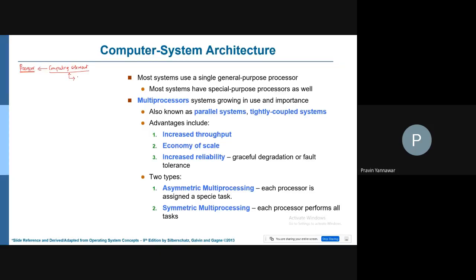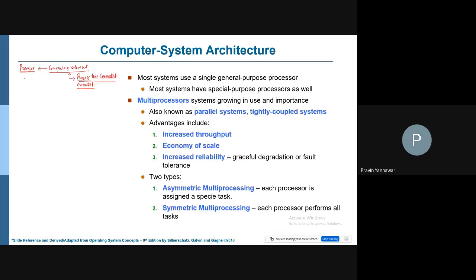So this processor requires processes to be generated and executed. Most of the systems in a computer, the general purpose computers we are using, use a single general purpose processor.